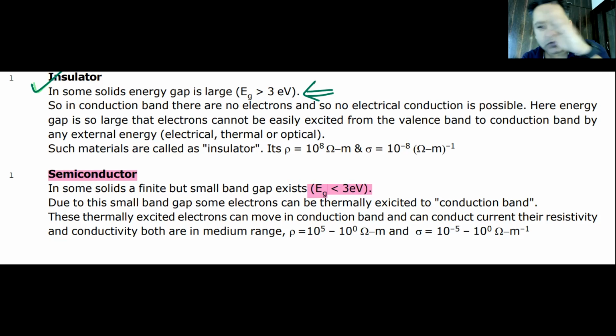Normally, it's in the range of 1 to 1.5 electron volts, silicon or germanium, due to which electrons can be thermally excited. If you heat them up, they will go to the conduction band, and therefore the conductivity of the semiconductor lies between conductors, which are very conductive, and insulators, which are not conductive at all. Do we understand this? This is the topic for this chapter, semiconductors.